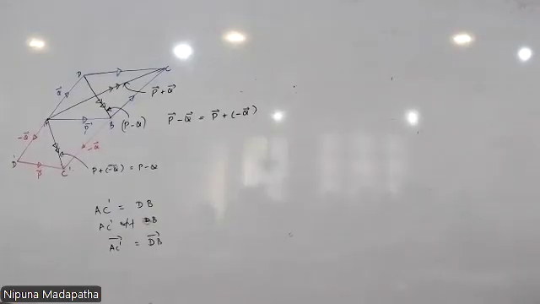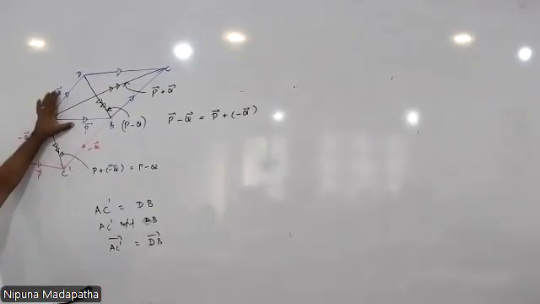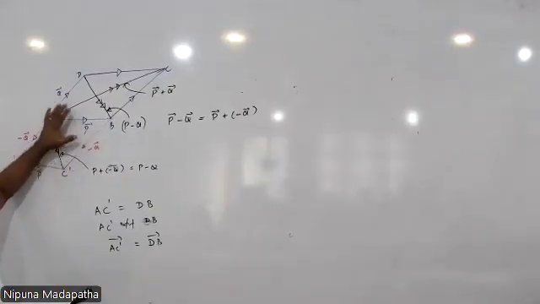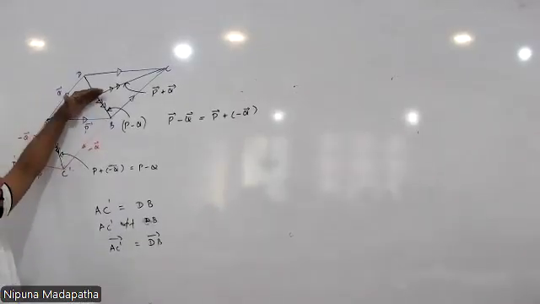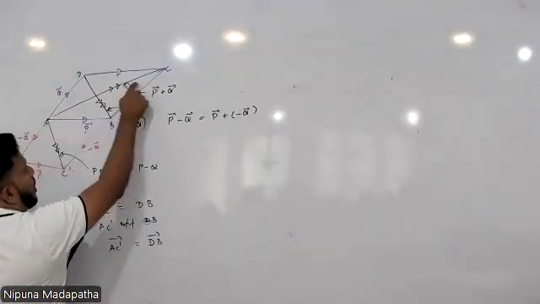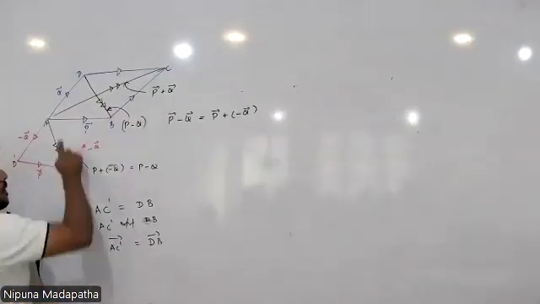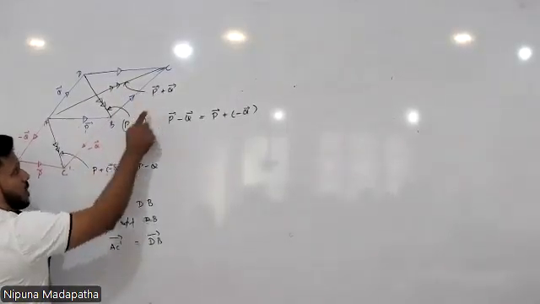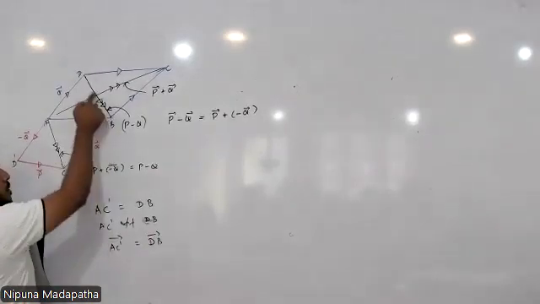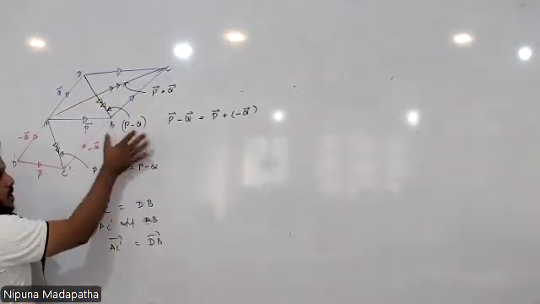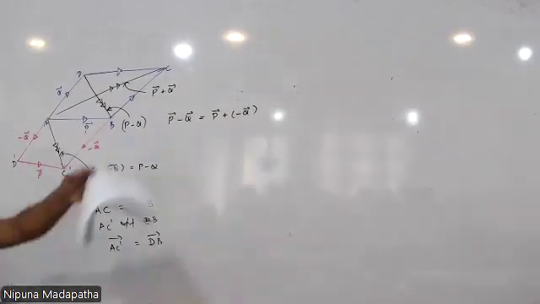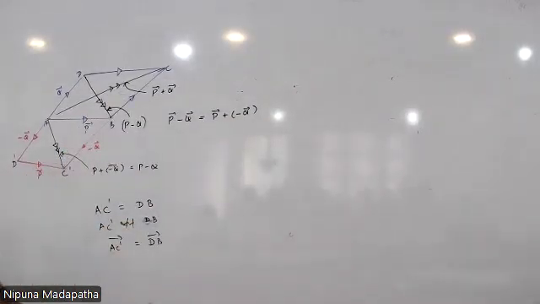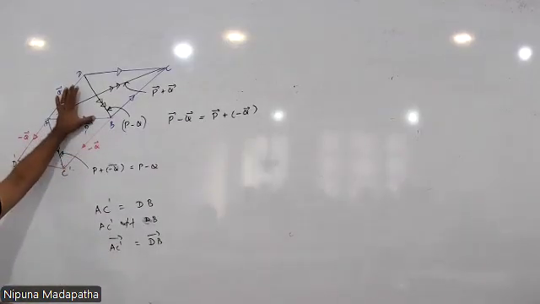The ultimate summary is, when you represent two vectors by the two adjacent sides of a parallelogram, the longest diagonal gives the sum of the two vectors, and the shortest diagonal gives the subtraction of the two vectors.